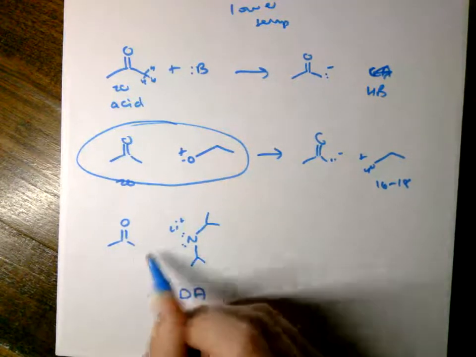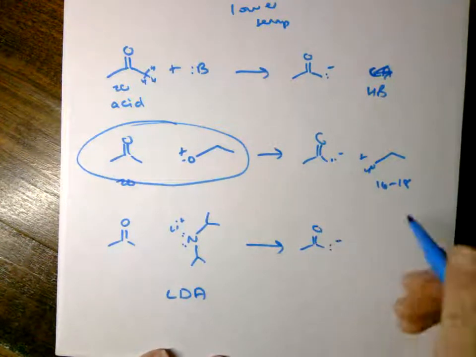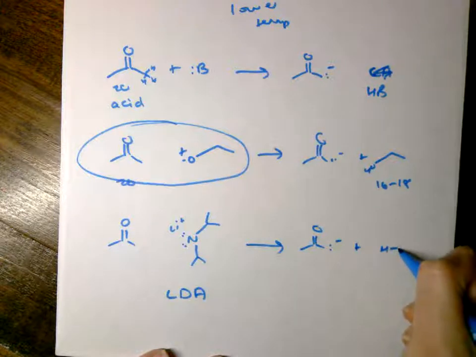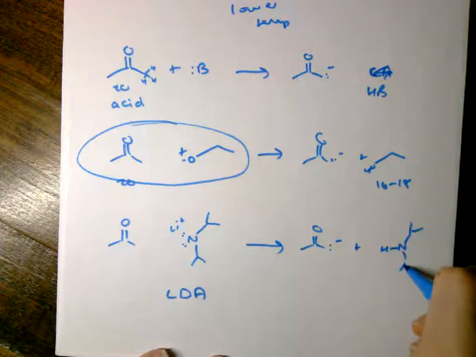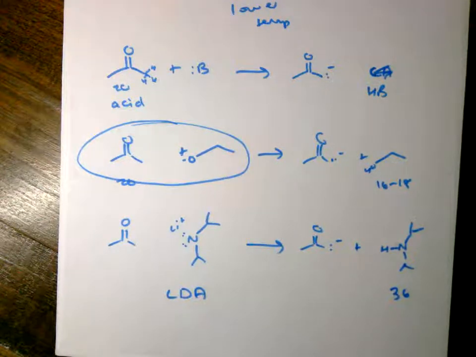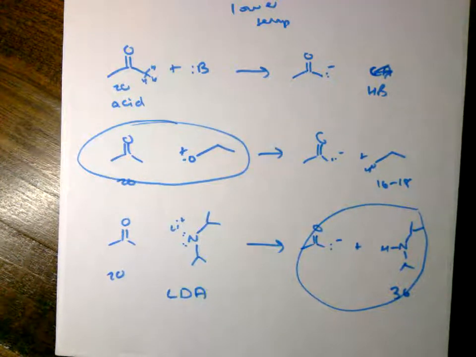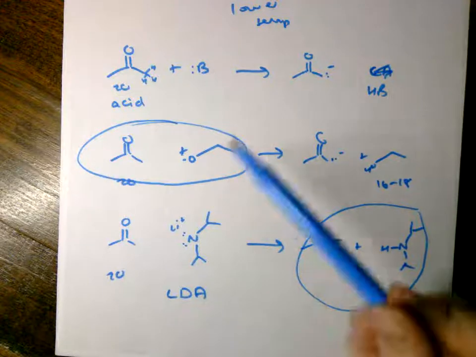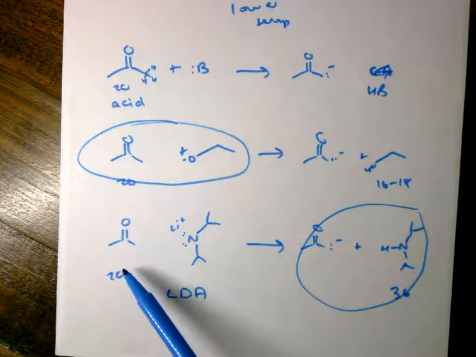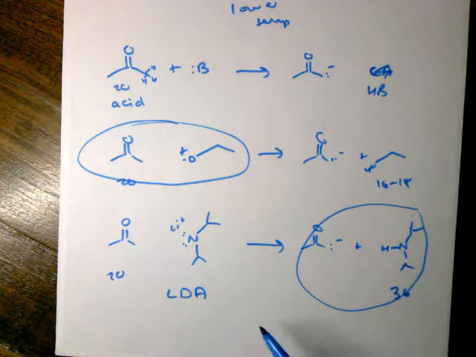So if you have this reaction, you end up with your enolate plus a protonated LDA. And a protonated LDA has a pKa of like 36 or 38. It's somewhere in the 30s, and this one's 20. So we want the weaker acid to be favored. This is the weaker acid, so then our enolate will be formed. So you basically need to pick a base whose conjugate acid is bigger than 20 if you want to favor this side.